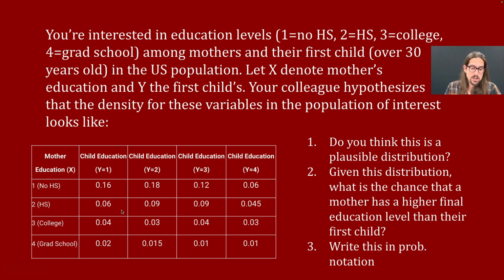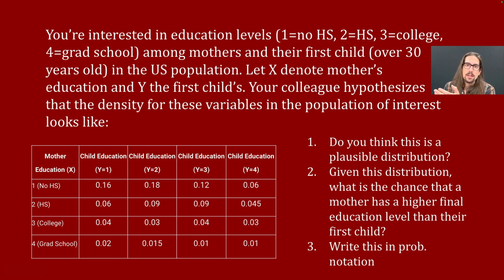So you have a much higher chance, relatively speaking, of getting grad school if your mother has gone to college. So again, not an expert in education and patterns of education in families, but based on what little I know, that seems to track for me. I think that makes sense: if your parent is educated, you'll have a higher chance of going on in higher education. So for question one, yeah, it's plausible.